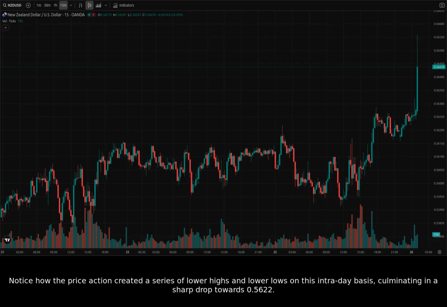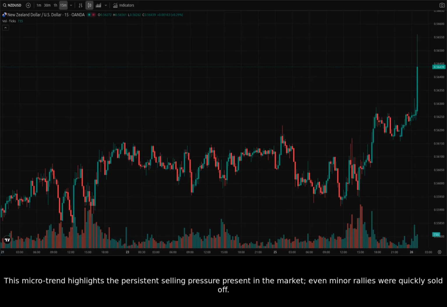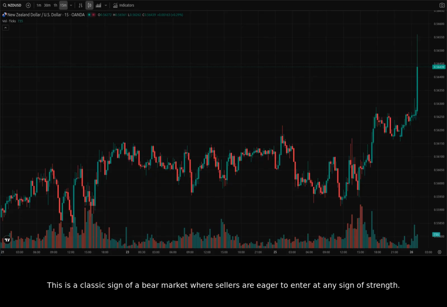Notice how the price action created a series of lower highs and lower lows on this intraday basis, culminating in a sharp drop towards 0.5622. This microtrend highlights the persistent selling pressure present in the market. Even minor rallies were quickly sold off. This is a classic sign of a bear market where sellers are eager to enter at any sign of strength.